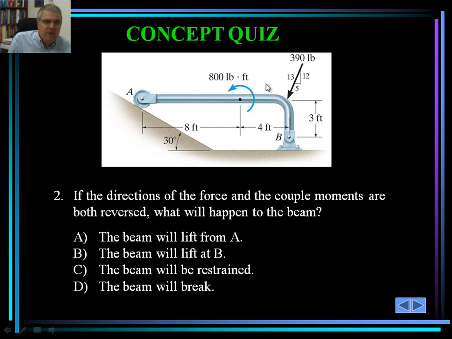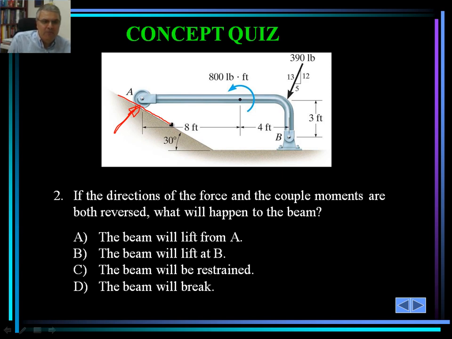As you can see right now, the moment applied at this point is a counterclockwise moment, and the force applied also has a tendency to hold the system in place, in this case the beam that ends with a roller. So at the end of this, we are going to have one reaction exerted at point A by the support. It's perpendicular to the surface on which the roller rolls.